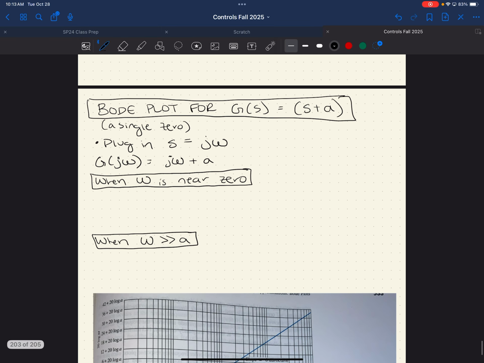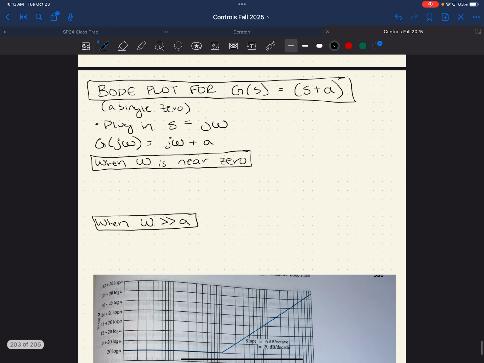Okay, so if omega is very close to 0, what do you think g of j omega is? 0? Not quite. If omega goes to 0, it's just a. So when omega is very close to 0, g of j omega is roughly just equal to a. I have a 0 times the imaginary number j plus a. Can't forget our plus a.